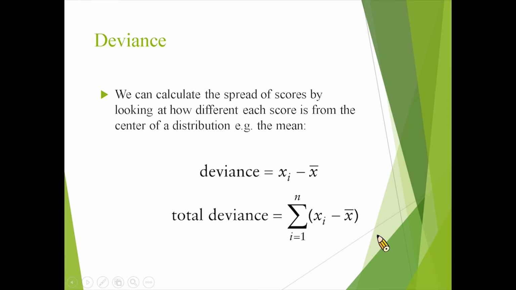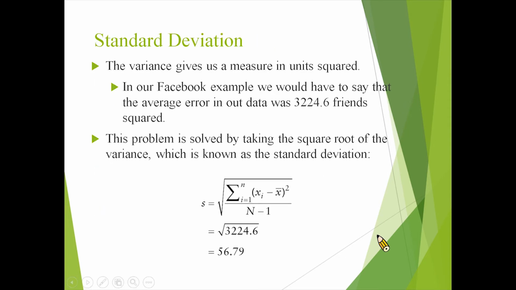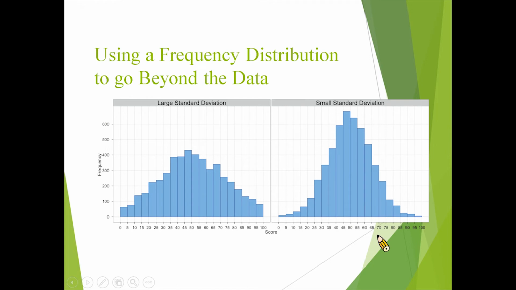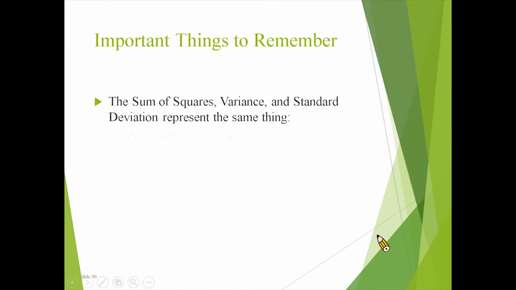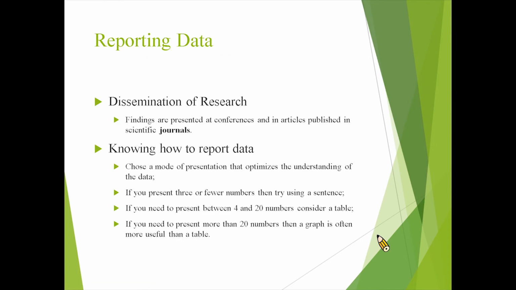Difference. Okay. And the standard error. The standard deviation of the same mean. Okay, this one we will talk about later. Okay, the z-score. And after that, you need to report the data.